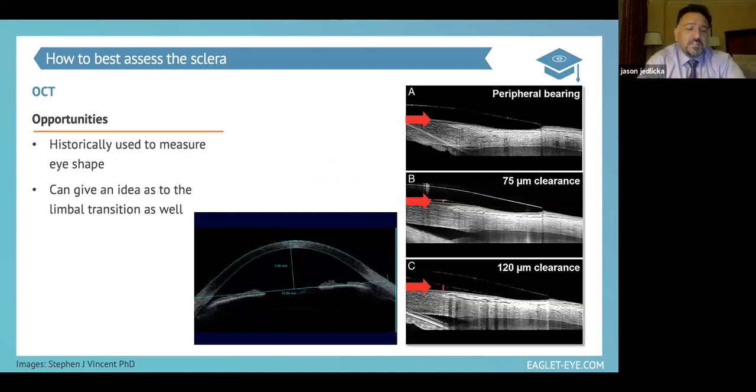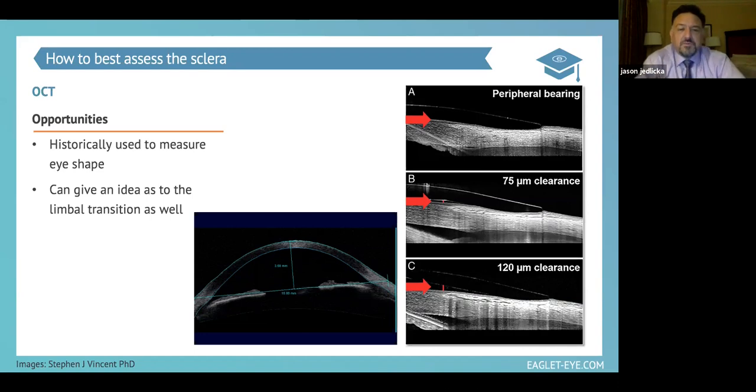So how about using OCT? Well, historical OCTs, if we go back 10 or 15 years, we could certainly use OCT to give us SAG data for an eye and potentially even some shape data if we wanted to take a number of scans and look at several scans one after the other to try to look at that transition zone of our limbus and the steep or flat curvature of our sclera in each meridian.